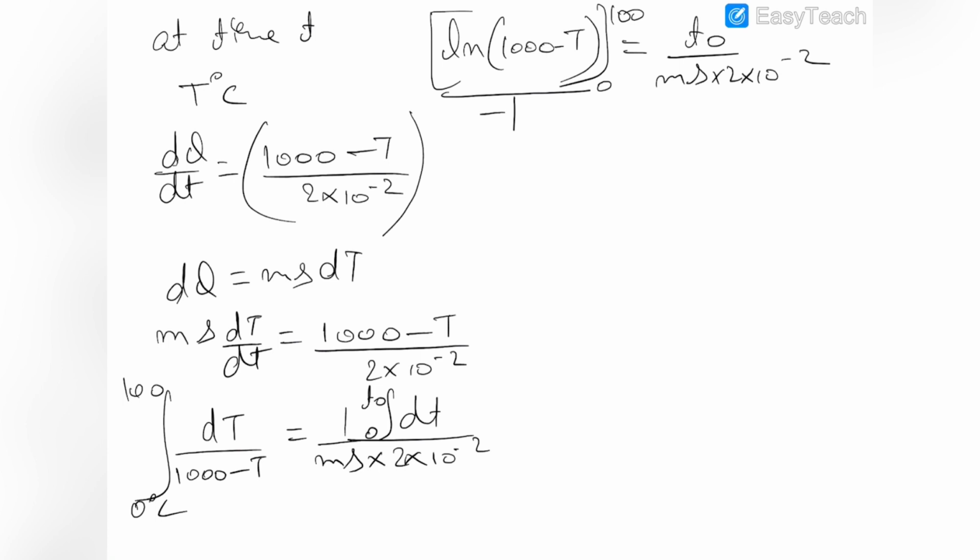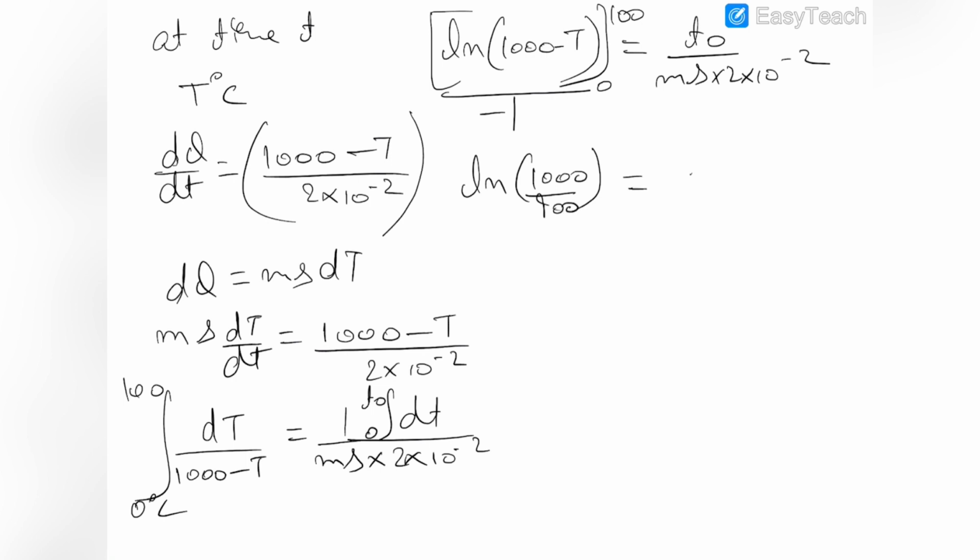When we substitute the limits, let us use the negative sign and invert the limits. Substituting 0 in place of T gives ln 1000, and substituting 100 gives 900.